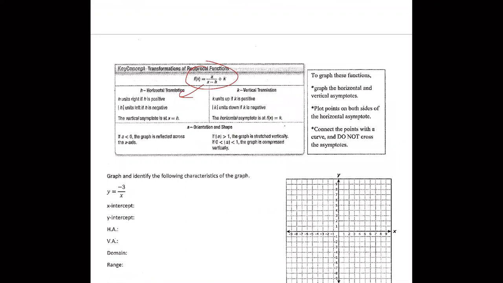But honestly, you don't really need to memorize these rules too much, though if you remember when we talked about transformation rules, they do apply. What we're really interested in is that our vertical asymptote is going to be at our H value. Your vertical asymptote is always going to be what would make the bottom of your fraction equal 0. And then your horizontal asymptote is always going to be your K value.